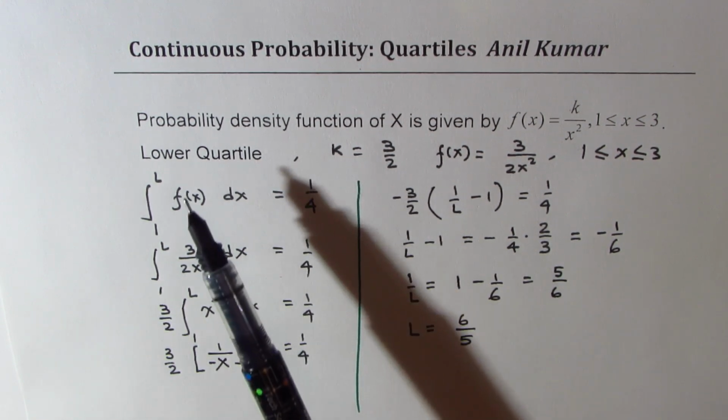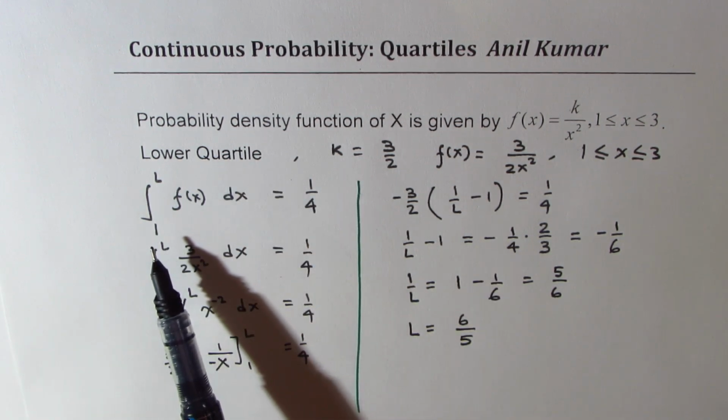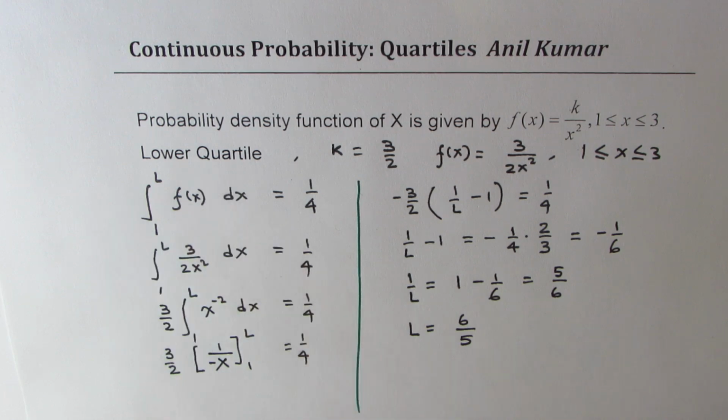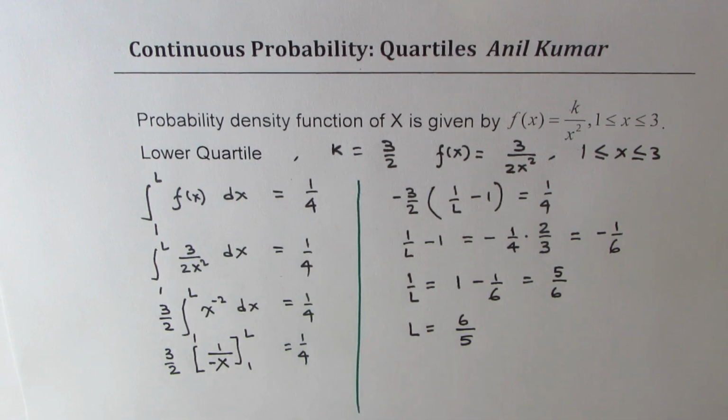Now we'll do exactly the same process for the upper quartile, changing the limit. Definite integral from 1 to the upper quartile, right? And then calculate the value when it is equal to 3 over 4 or 0.75.